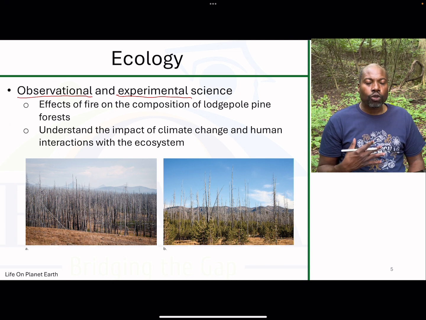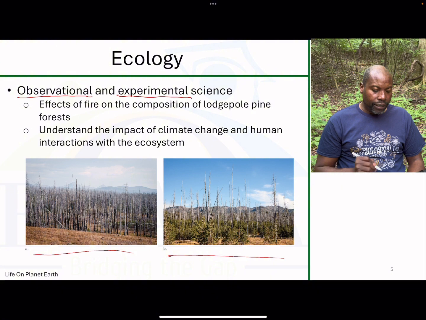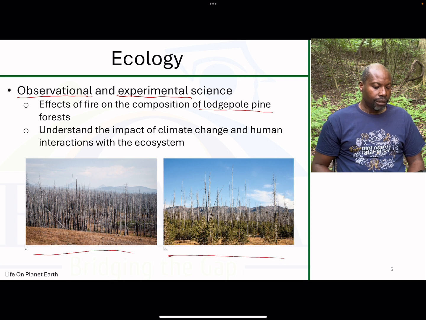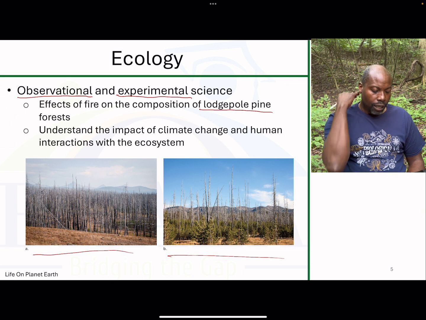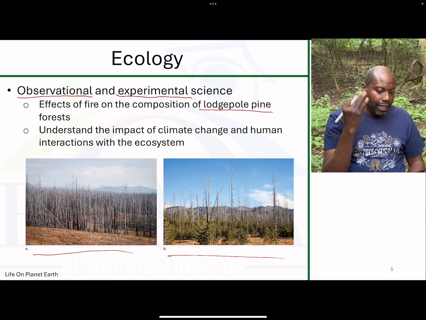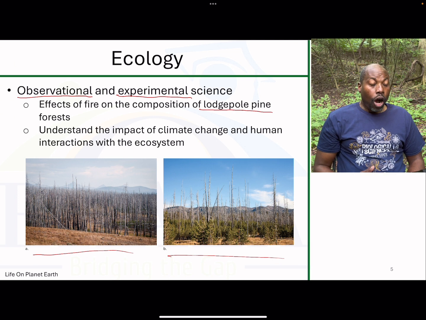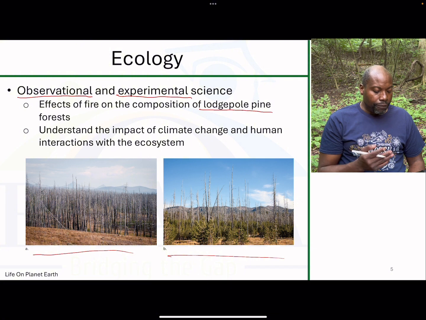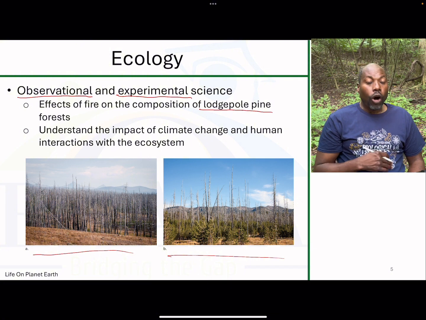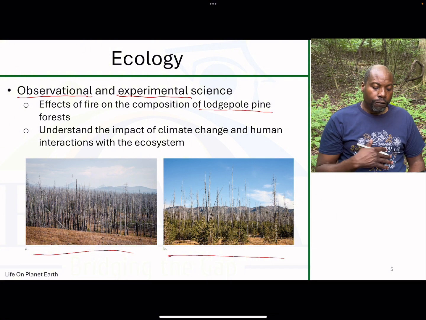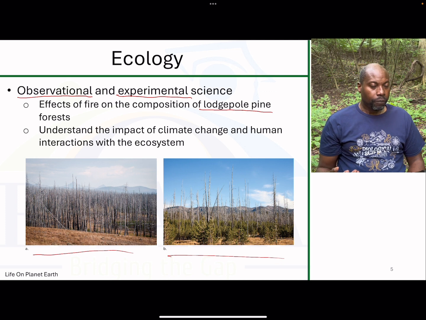We can, for instance, try to understand, for the case of this forest here, that forest that is composed of lodgepole pine trees, right? We can ask, what is the effect of fire on the composition of the lodgepole pine forest?